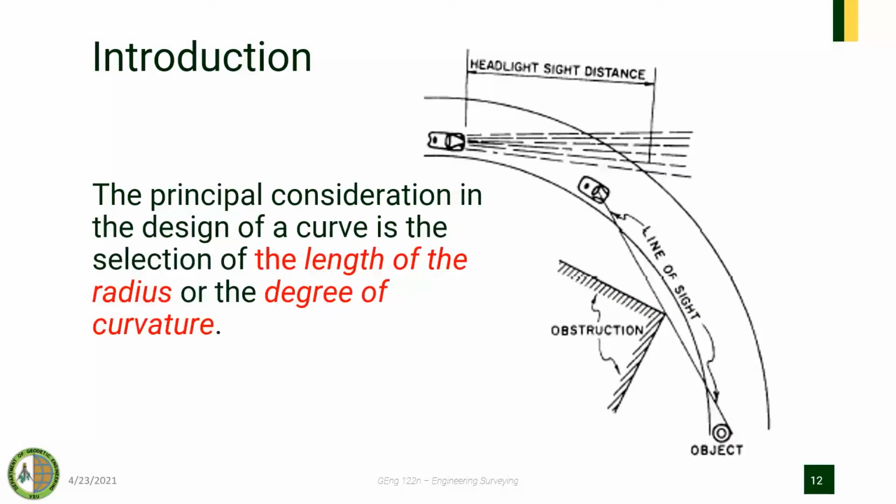The principal consideration in the design of a curve is the selection of the length of the radius or the degree of curvature, or degree of curve as they call it. The selection is also based on the design speed of the highway and the sight distance.